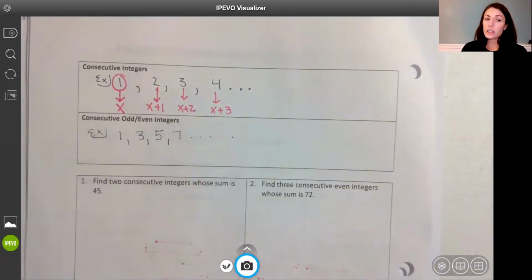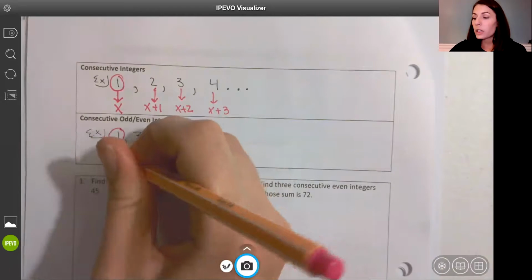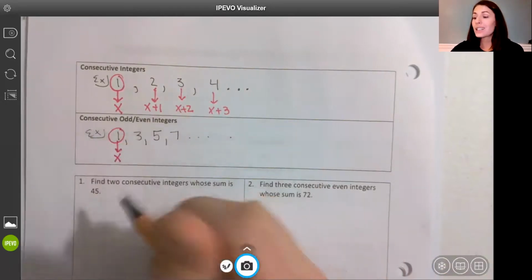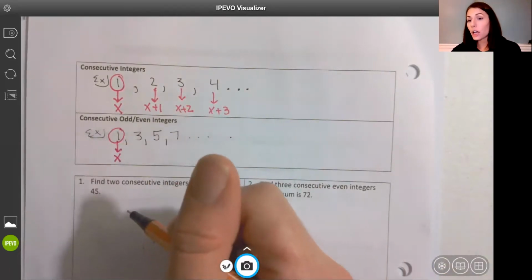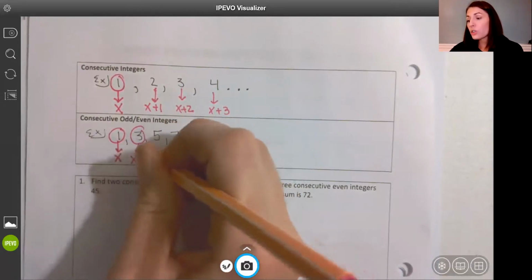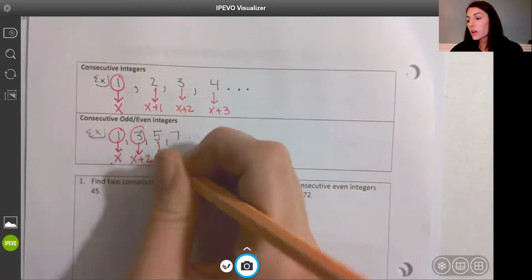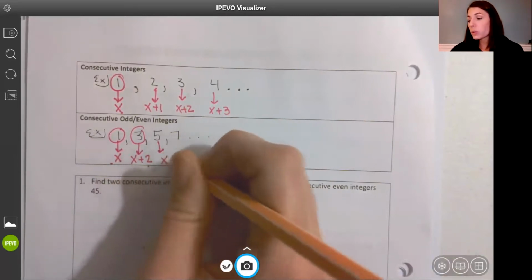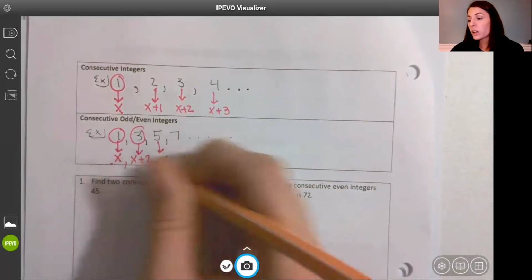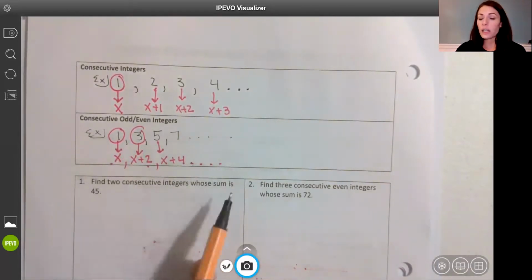To build this list in an equation, again, call my first integer in the list x, and to get to the next consecutive odd integer, that would be 2 more than the first. And the next consecutive odd integer would be the first one plus 4 more. I can build this list of either consecutive odd or consecutive even.